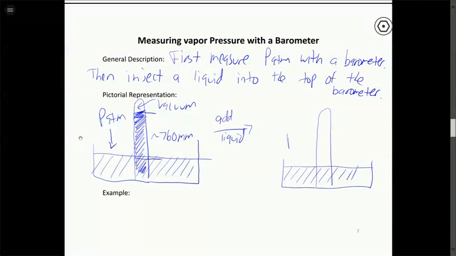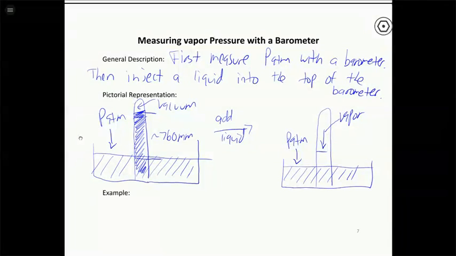You still have your atmospheric pressure pushing down and forcing mercury up, but then you also have your vapor pressure pushing down on the column in the opposite direction. So your vapor is opposing the force of the atmosphere, so it pushes the column down. And you're going to measure the new height of the column, which we call h.